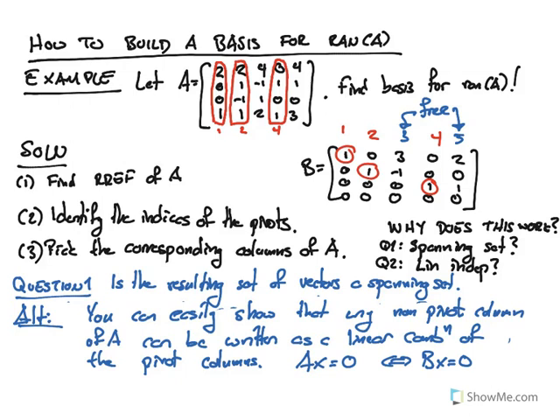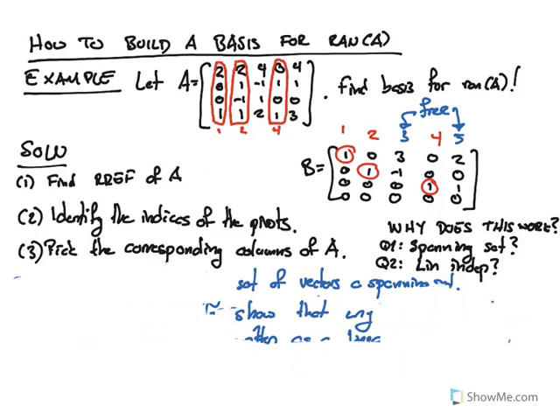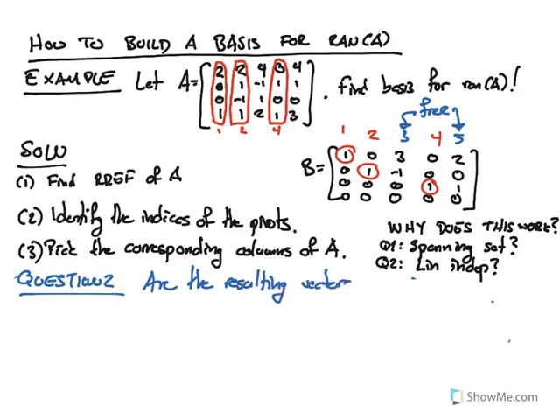So the second question is, why are they linearly independent? So let's address that. So question 2. Are the resulting vectors linearly independent?